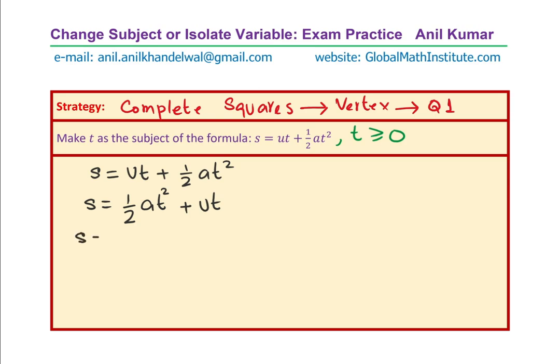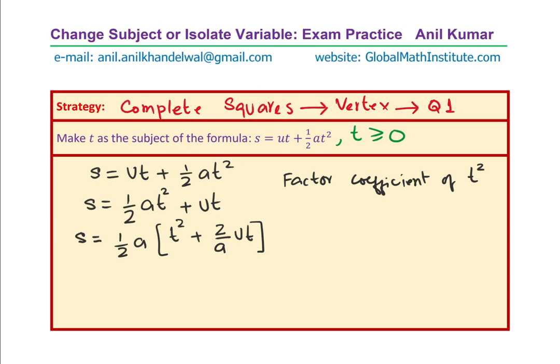Now this is a very important step in completing the squares, and that is we'll factor out the coefficient of t square. The coefficient of t square is half a. So you're left with t square. When you do that, you have to multiply this by 2 over a ut, correct? Very important step in factoring.